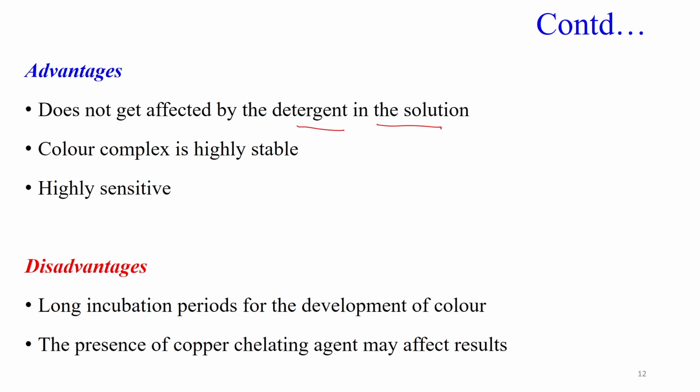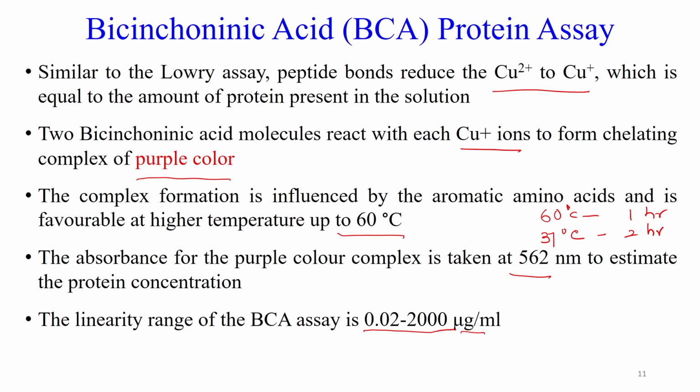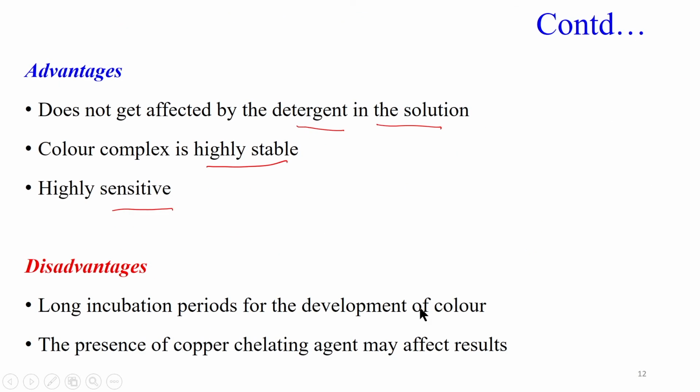Typically, when we go for the desorption of the protein, we use some detergent like SDS. So, this method is not affected by the detergent in the solution, and whatever color is formed is highly stable, and of course, as we saw, its linearity range is 0.02 to 2000 microgram per ml.